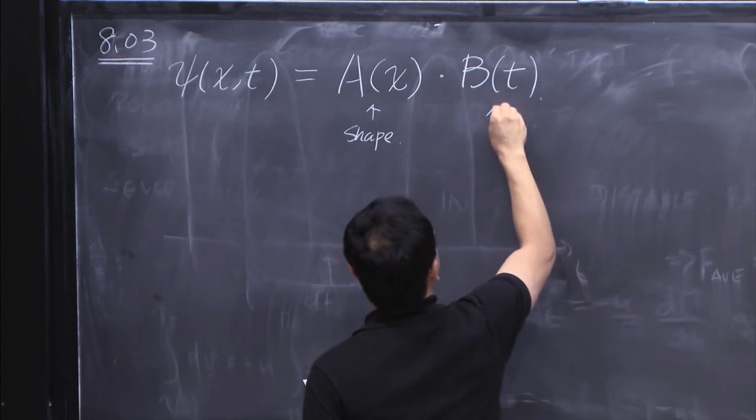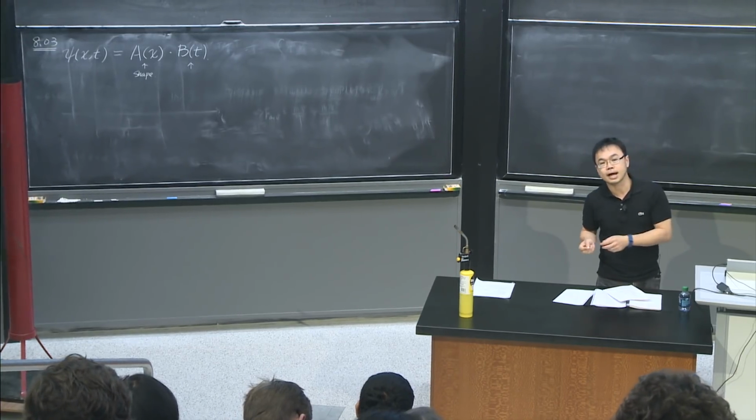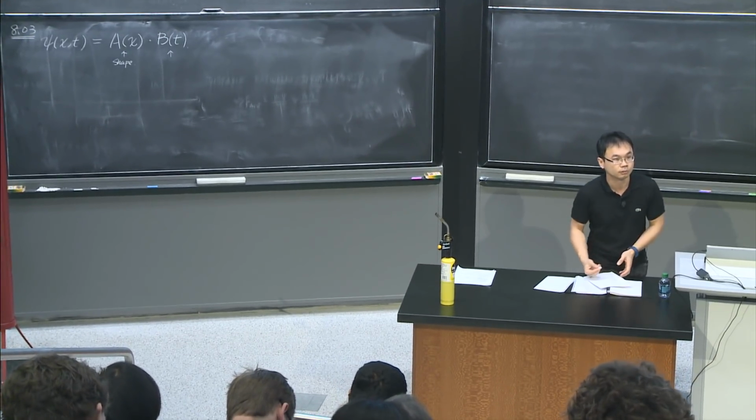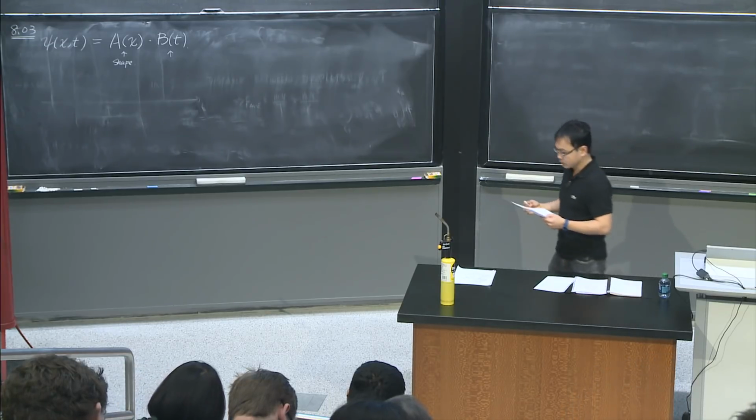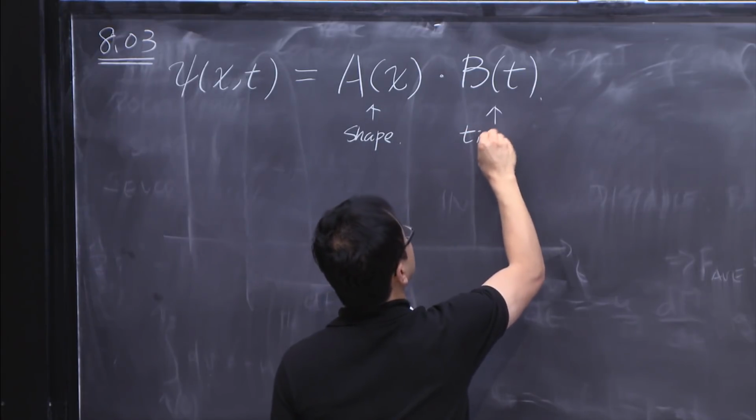And B, which is a function of t, gives you information on how each individual component goes up and down or moves as a function of time. So that controls the time evolution.